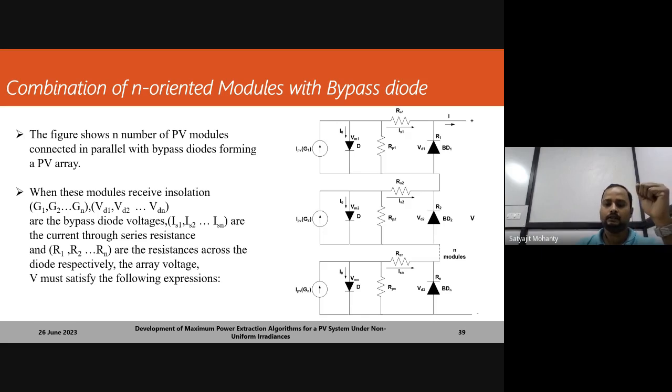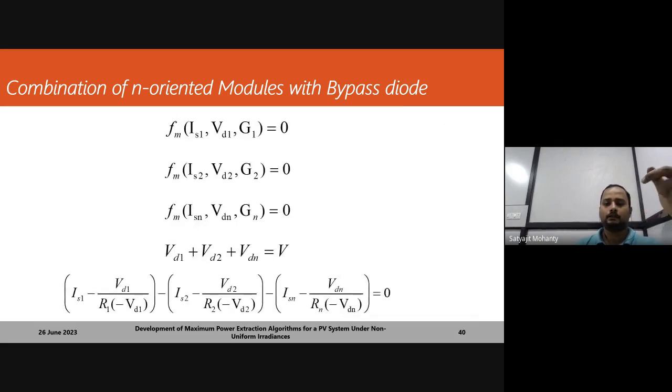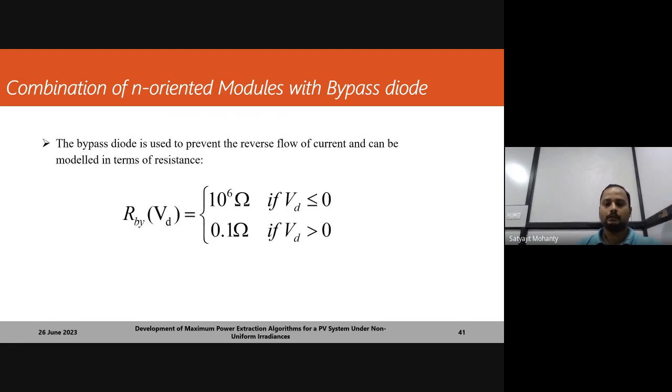These are the functions for 3 modules, and the 4th one is the voltage, and this is the whole total equation. This is the calculated value for a bypass diode: 10.6 ohm if the diffusion drift voltage VD is less than or equal to 0, and 0.1 ohm if it is greater than 0.